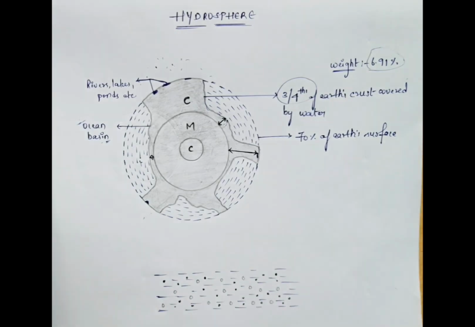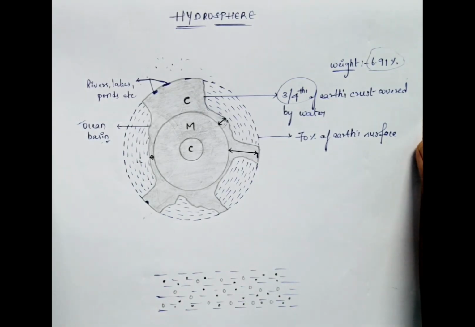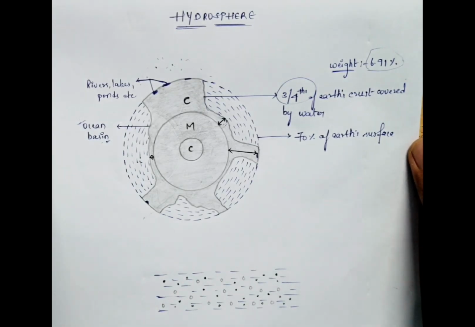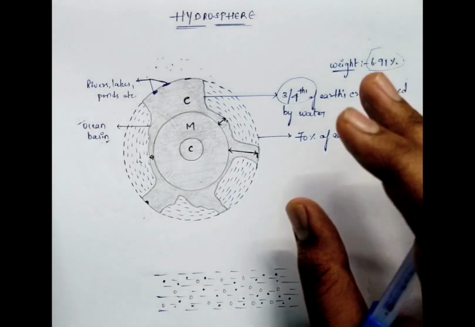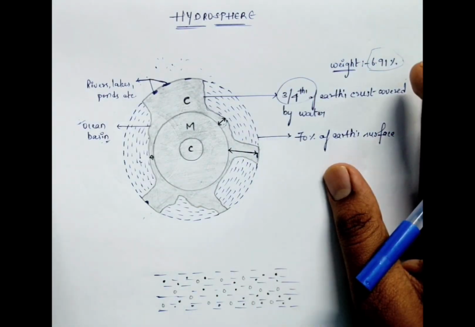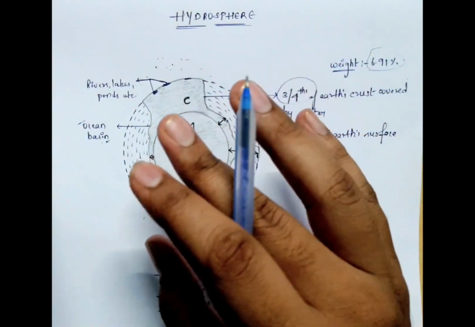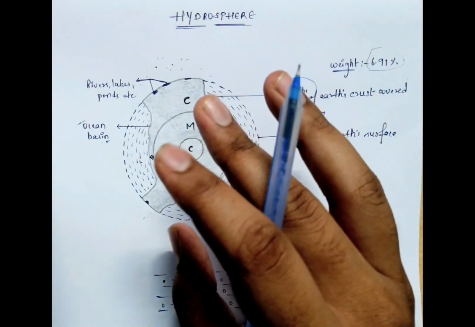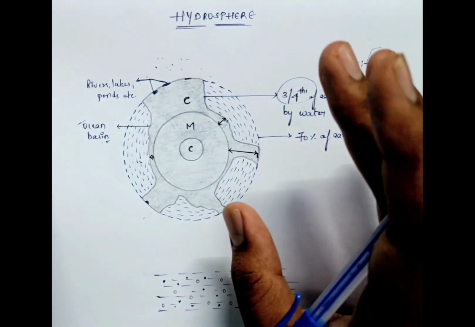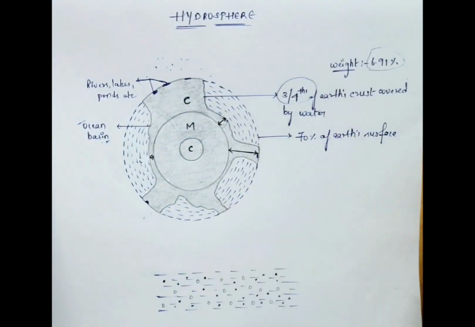And next point is, what are the water bodies that are present in hydrosphere? Hydrosphere means all the water present on the earth. So oceans, rivers, lakes, ponds, all the water of these water bodies constitutes hydrosphere, friends.